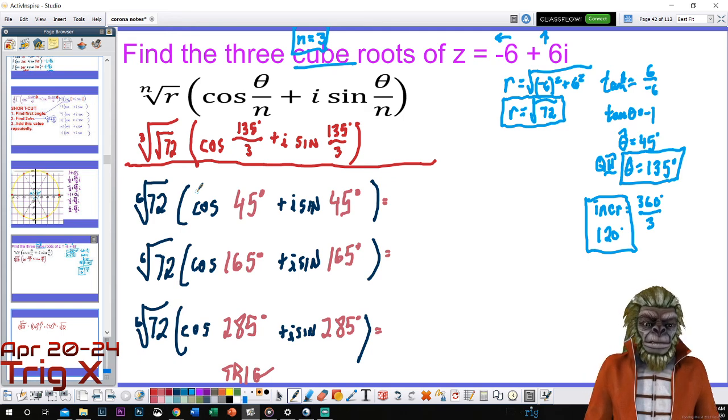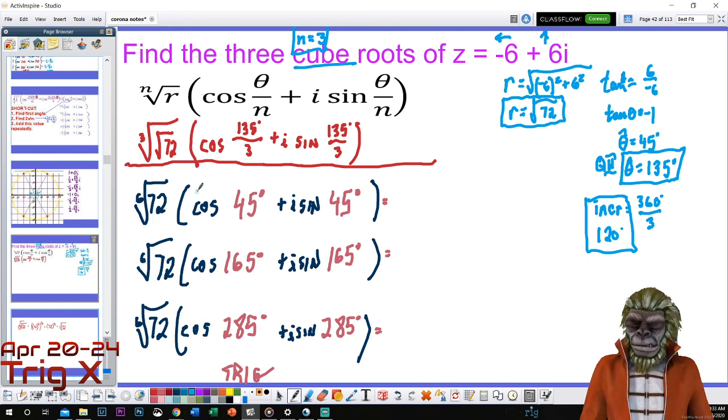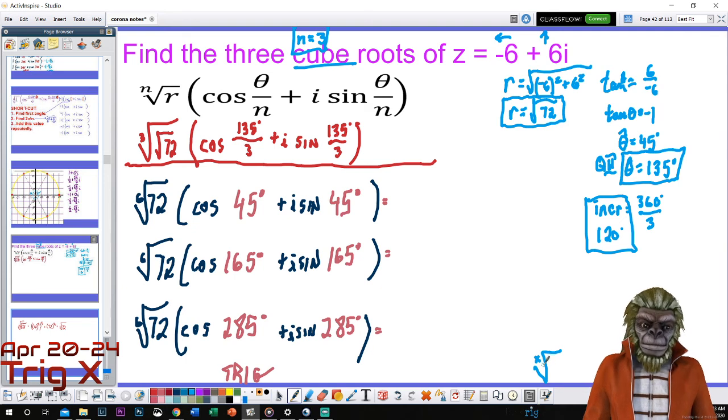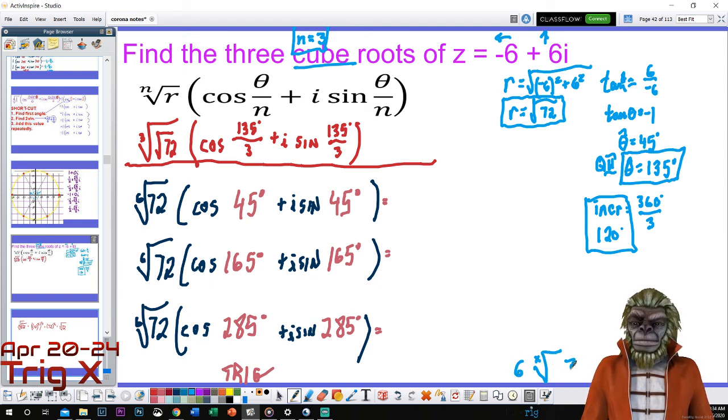The 5th option, at least in my calculator, has something that looks like this. That's the one you want. So you press 6, then that thing by hitting math, and 5 is my option. Your calculator may be different, but probably close to the same. And then you're going to type in that 72. So 6, that thing, and then 72 equals, and that should give you what you're looking for.